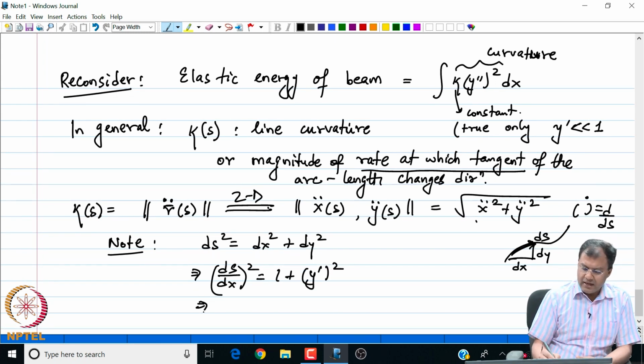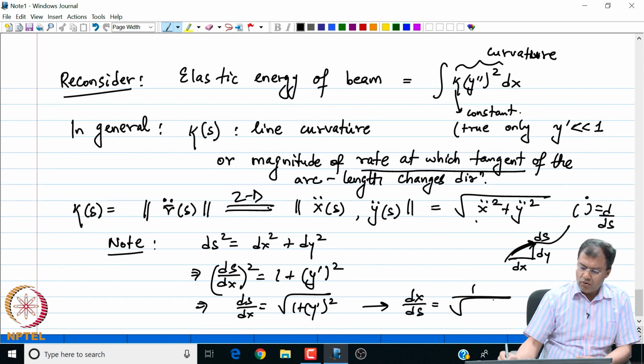From here I get that ds by dx is equal to square root of 1 plus y prime square. From here I also get that dx by ds is 1 by square root of 1 plus y prime square, right.